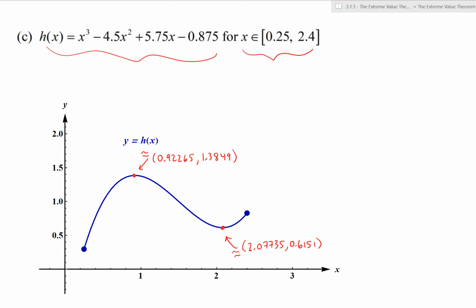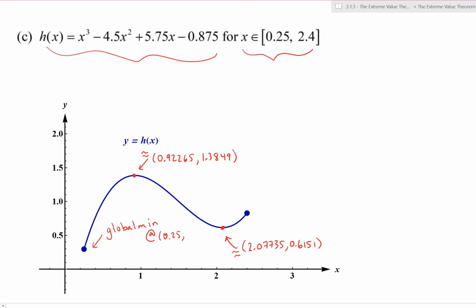But again, we are talking about the global extrema here. So we can notice that at the far left, that's clearly the smallest the function gets. Right there, so at that location, we're going to have our global min, and that is going to occur at x equals the left-hand endpoint, 0.25.